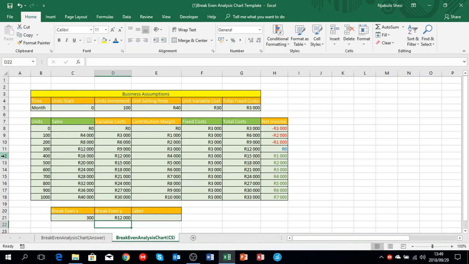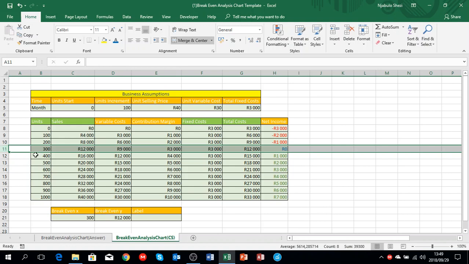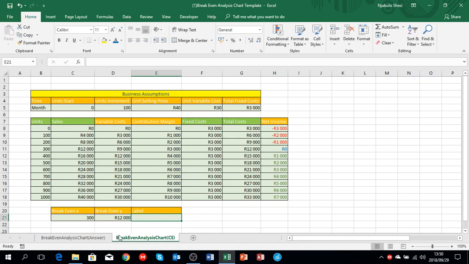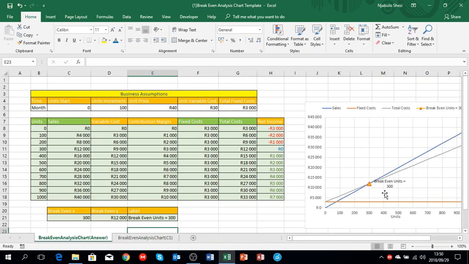So basically, guys, at this point, our break-even X is 300 units, which is 300 units here, and our break-even Y is 12,000 rand in cost, which is the same as our break-even Y here. So this as well as this makes sense. They agree. And then our label will be this label over here.